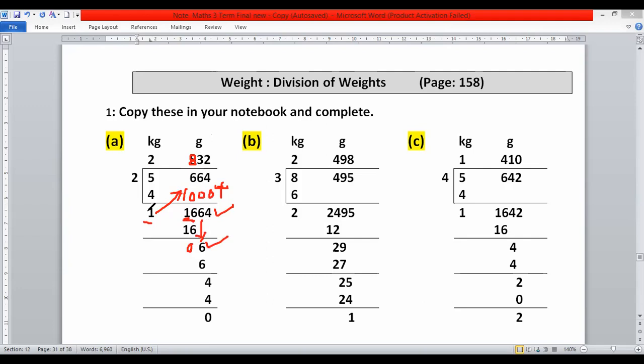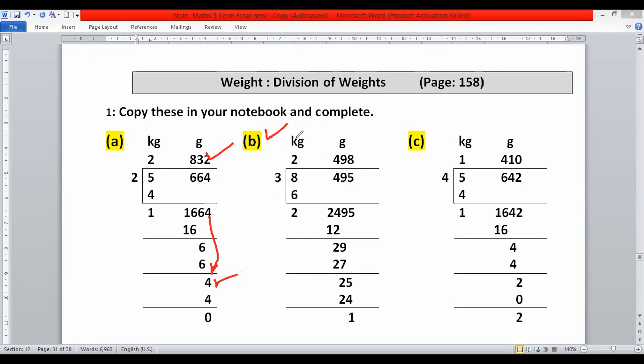Now we divide 6 by 2. 2 threes are 6. 6 minus 6 is 0. It's up to you, you can write 0, or no need to write 0 on this side. After that, you shift down the last digit, which is 4, then divide 4 by 2. 2 times 2 is equal to 4. So 4 minus 4, at the end you get 0 remainder.